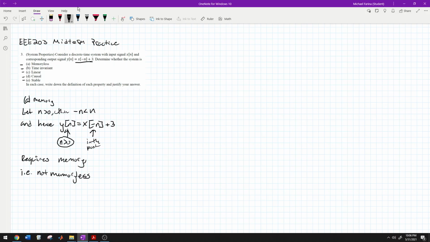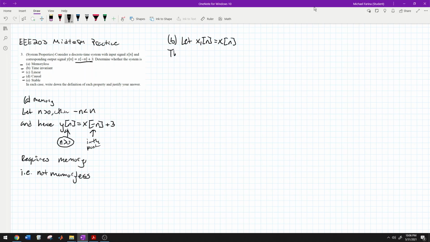All right, now B, time invariance. This one's a little trickier. So if we start with one input, let's let x1 of n equal x of n.